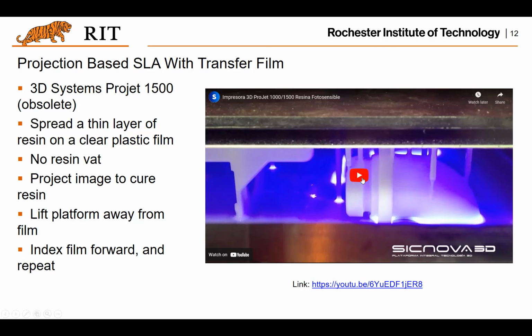So for this process, the biggest difference is it does not require a resin vat. Let's look at how they work.